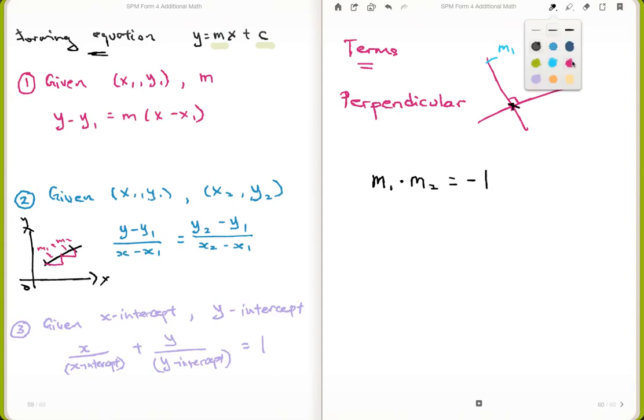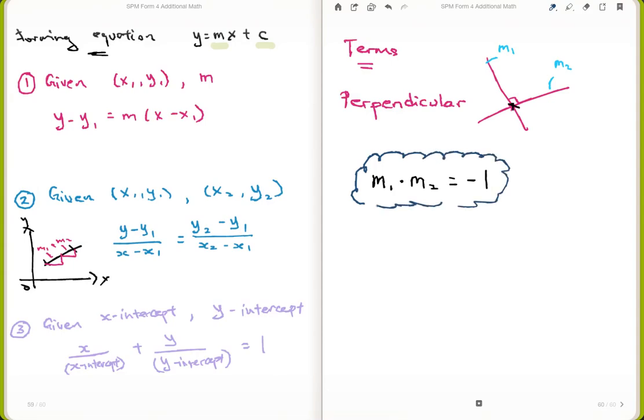Now this is an important term in SPM, because in SPM it's always 90 degrees. It's possible to be less than 90, but that is beyond the scope of our discussion. This line is, say, normal to it. This is tangent to a curve.